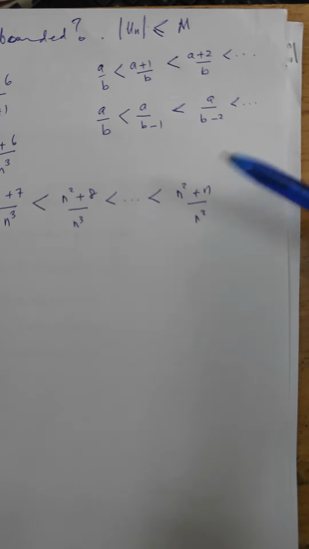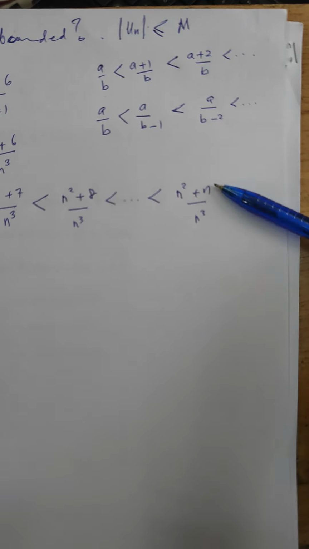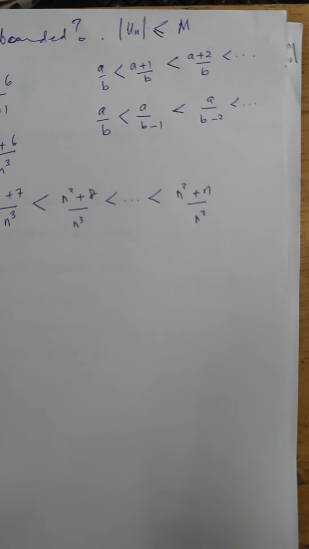It's still true, but you cannot do any cancellation right now. You still cannot find what m is. Remember that m is a positive number, free of n. That's what we are looking for.